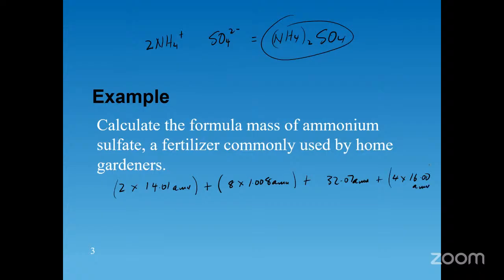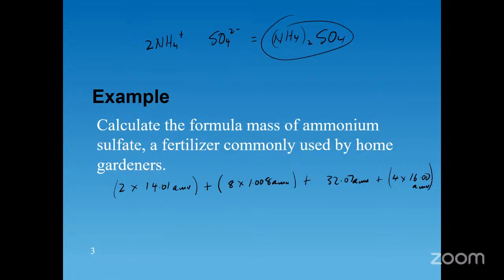All right? So let me get my calculator. Okay, so 14.01 times 2, and then I'm going to add that to 8 times 1.008. And then I'm going to add that to 32.07.